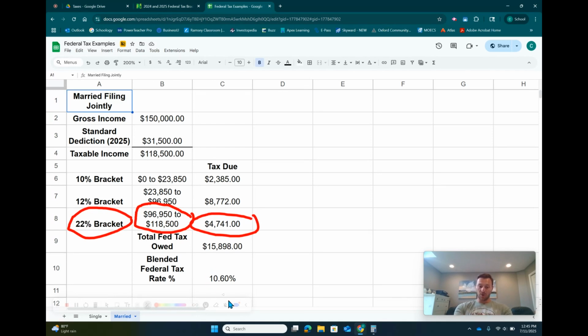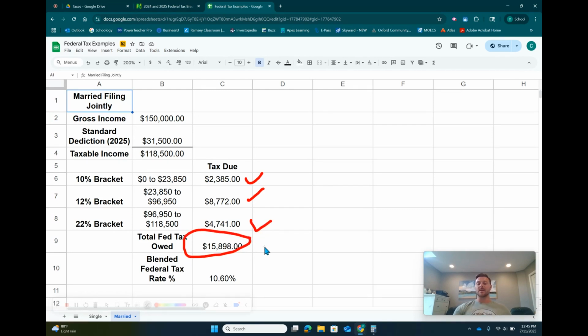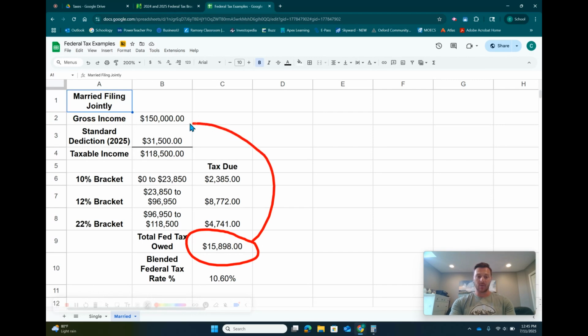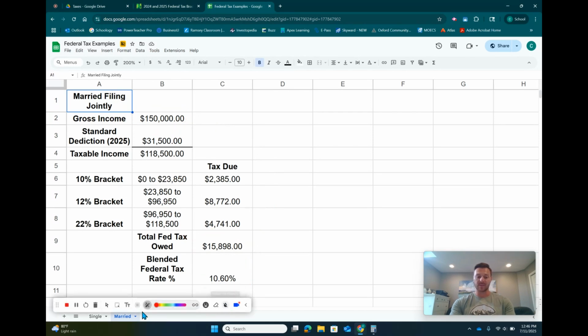And so total for this scenario, I owe this 2,000 plus the almost 9 plus the almost 5, 16,000 of federal tax owed. And again, if we do a similar blended tax rate, all I have to do is do the 15,900 divided by the $150,000 gross income, and we get a blended tax rate of about 10.6%.